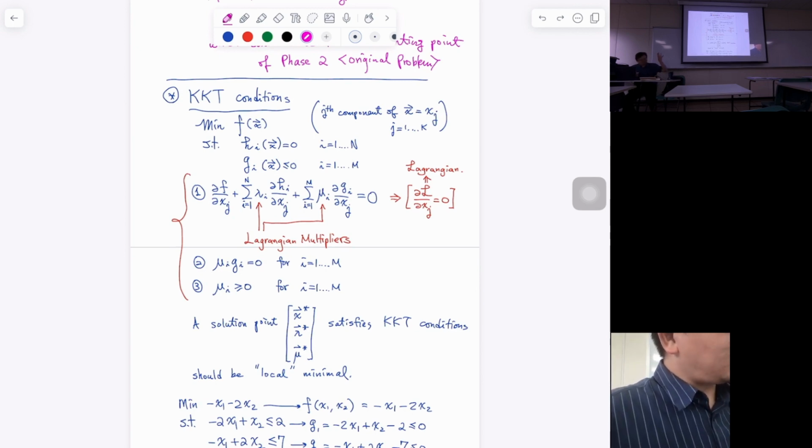So I will introduce KKT condition first, prove it, and then talk about quadratic programming. And for the quadratic programming, I may not be able to do some coding. I'm not sure, it really depends on the time. Okay, so that's it for today.